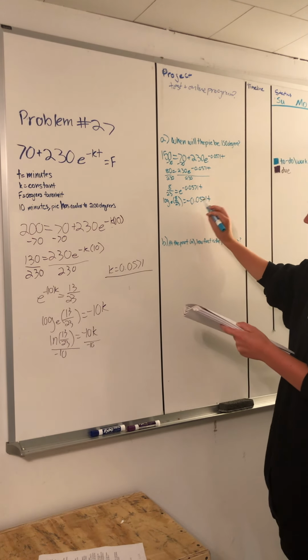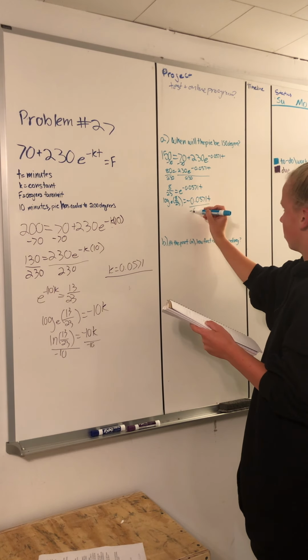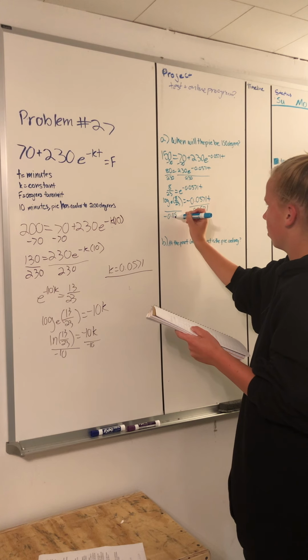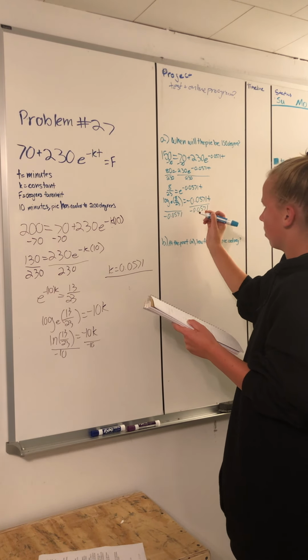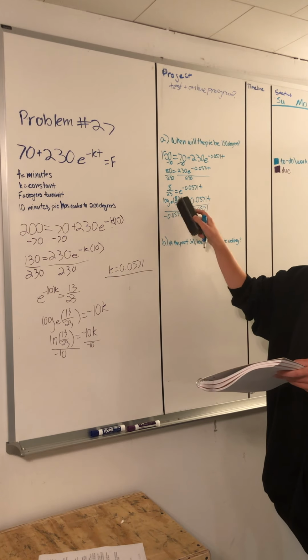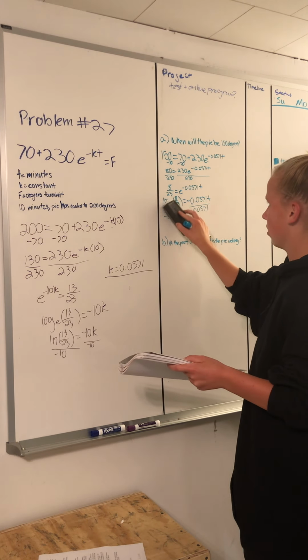And then we divide both sides by negative 0.0571. And you get, that's supposed to be natural. It is log base e, and that's the same as natural log.